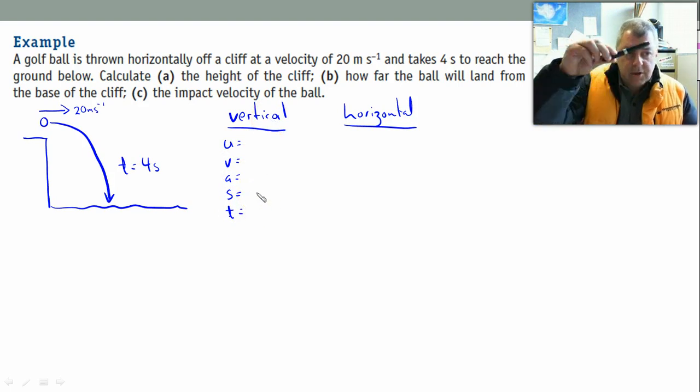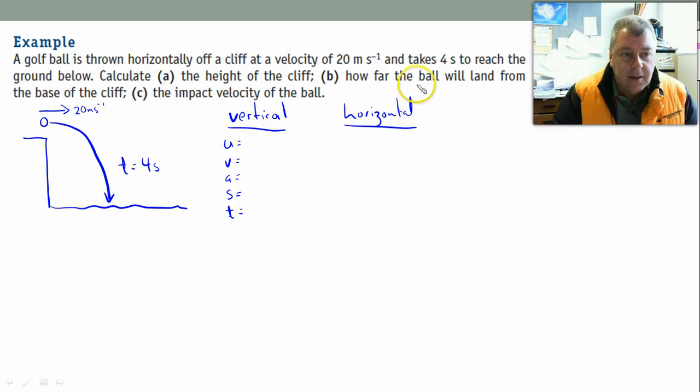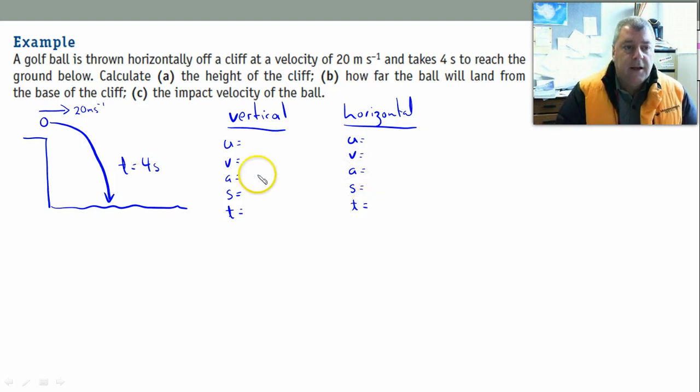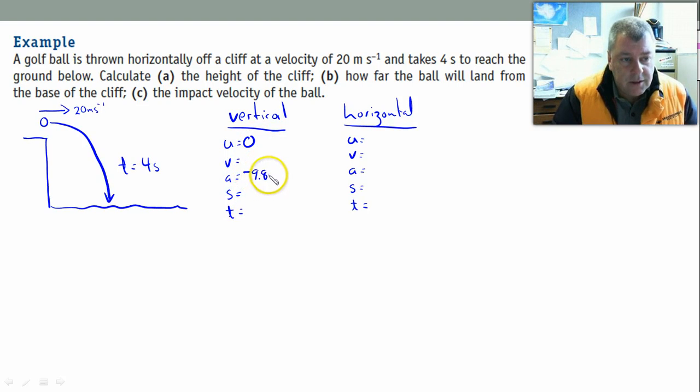We're imagining we're on a cliff and we're dropping it, and then in the horizontal, u, v, a, s, t. Even before we do this question, there are a couple of things we can put in. For dropping, the initial velocity is 0. We also know that the acceleration is going to be minus 9.8.